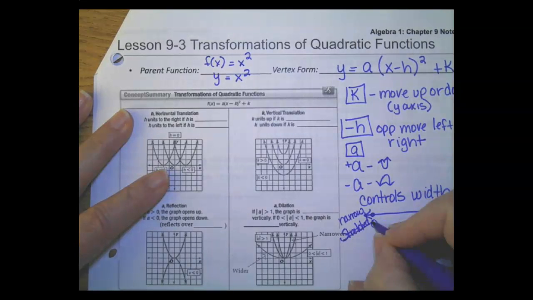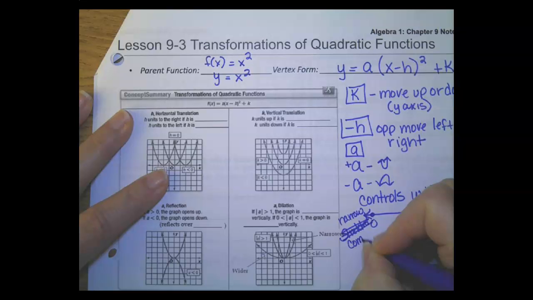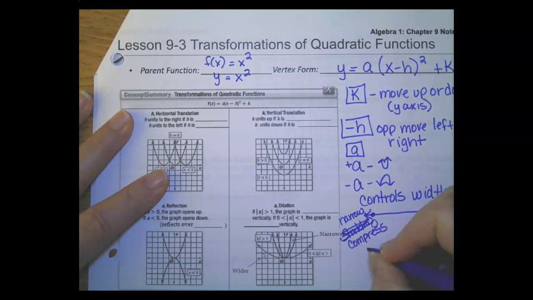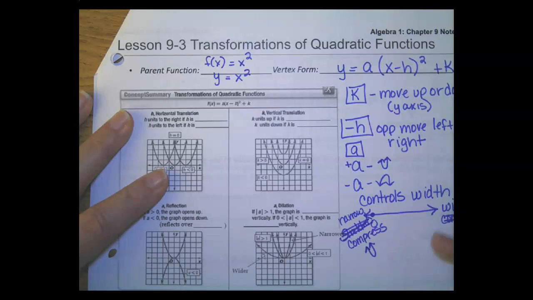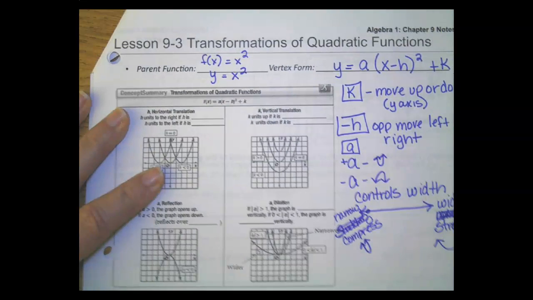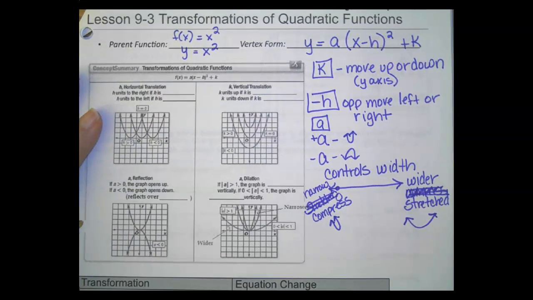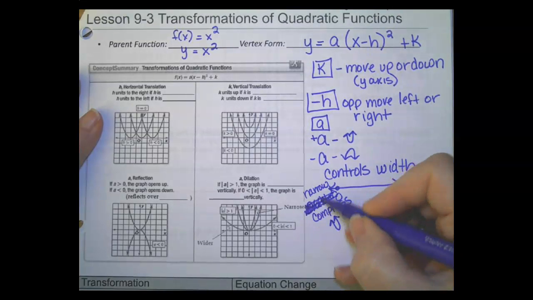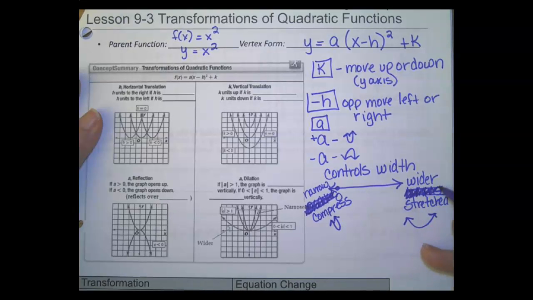I do. This part always confuses even me. So you're compressing it together, making it super narrow. This is stretched, so that means it's kind of wider. Sorry you couldn't see that. Hopefully you've got that down. I'll give you a second to write that down.